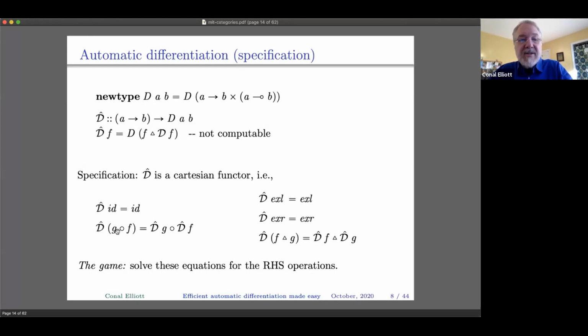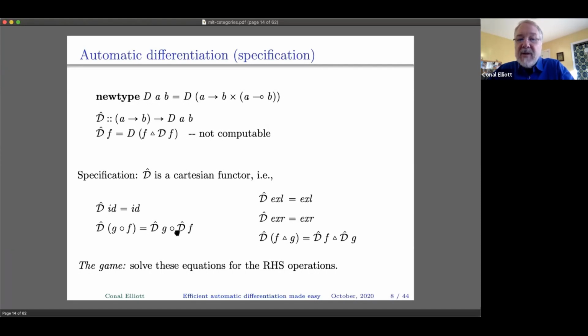Okay. So if we look at this equation for sequential composition, d hat of g compose f is d hat g compose d hat f. On the left-hand side, this compose is on functions. We know what this composition means. This composition here is on differentiable functions. We don't know what this composition means. And that's true of identity also. This is identity on functions. This is identity on computably differentiable functions.